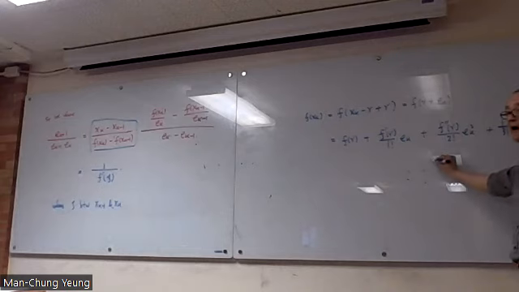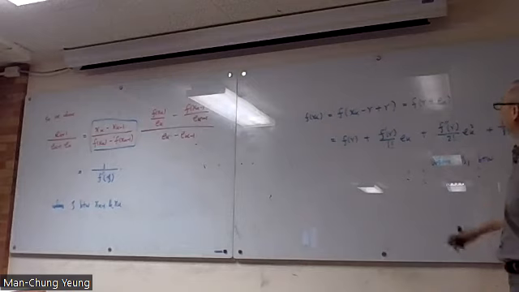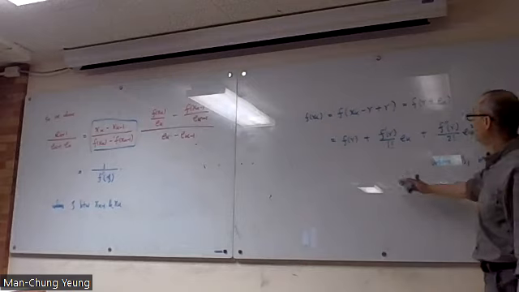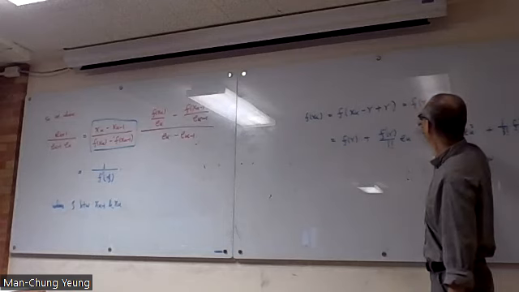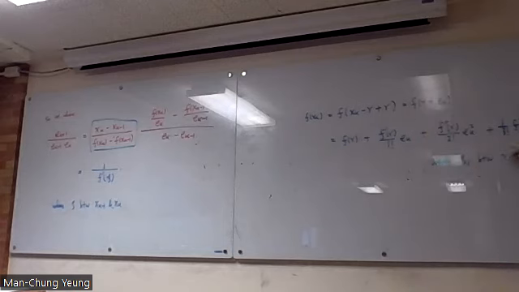What is xi_1? Xi_1 is between what? Between r and r plus e. What is r plus e? This is x.